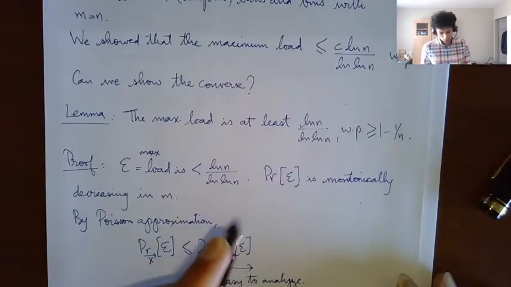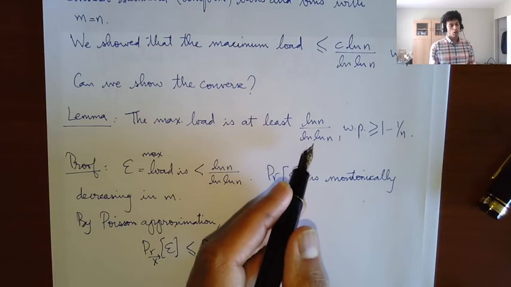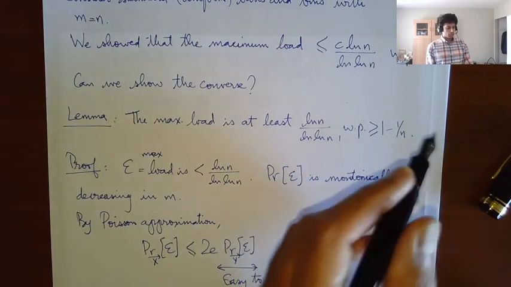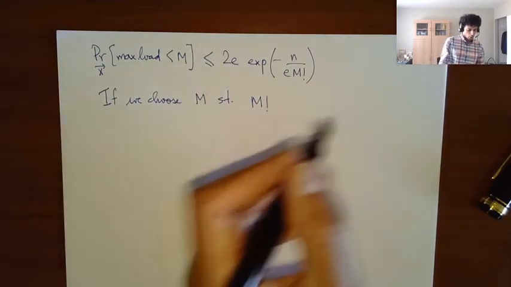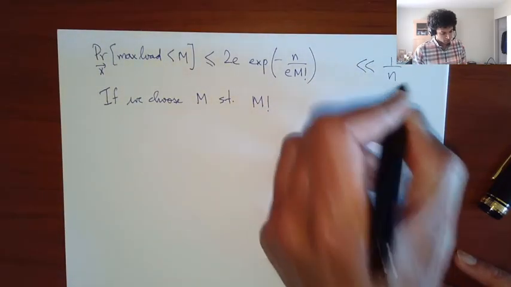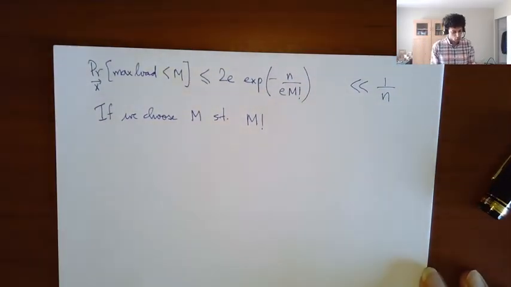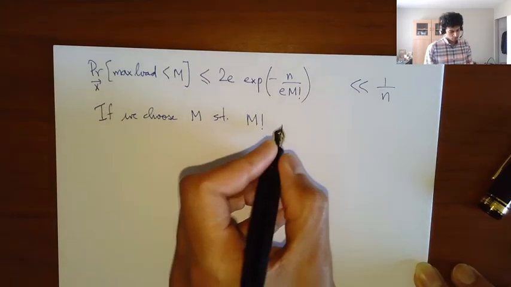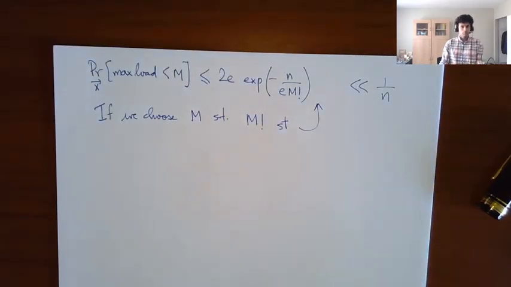We want to show the maximum load is at least log n over log log n with probability at least 1 minus 1 over n. What we want is to get this to be much smaller than 1 over n. So we need to choose m factorial such that the above property holds.